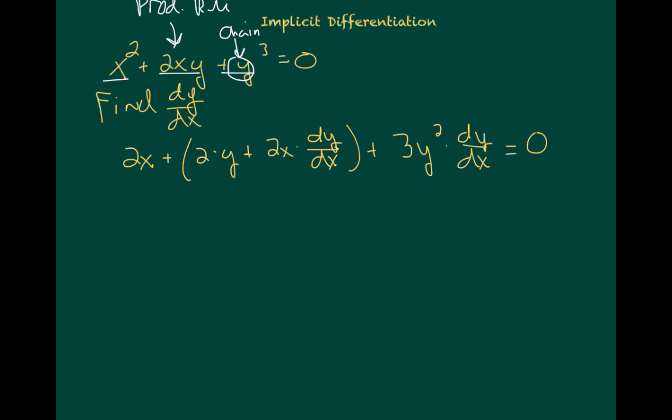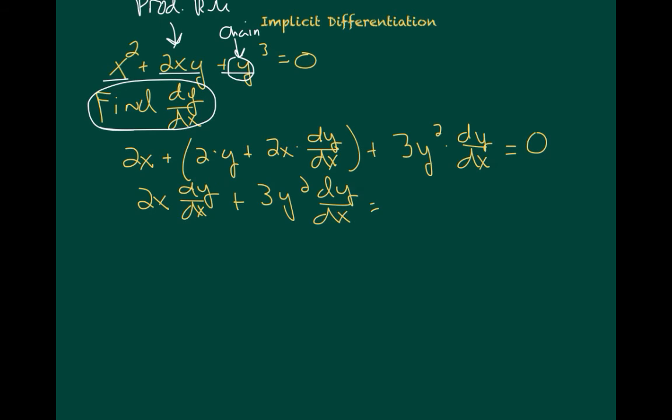Now, since we're trying to find dy/dx, we have to solve for dy/dx. So let's do that. Let's isolate dy/dx on the left side. That gives us 2x dy/dx plus 3y squared dy/dx equals negative 2x minus 2y.